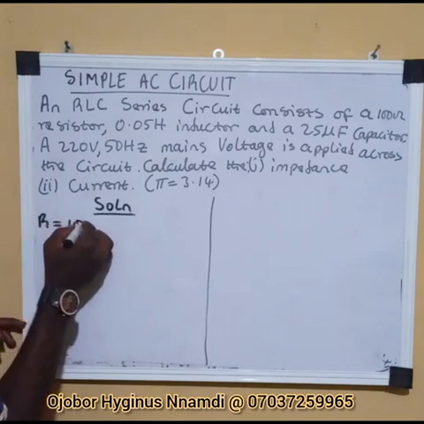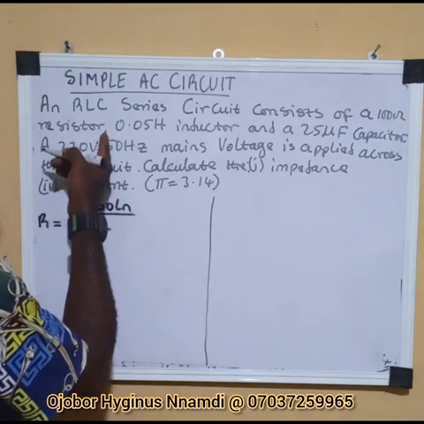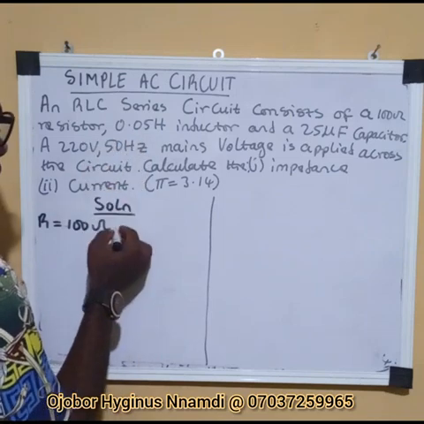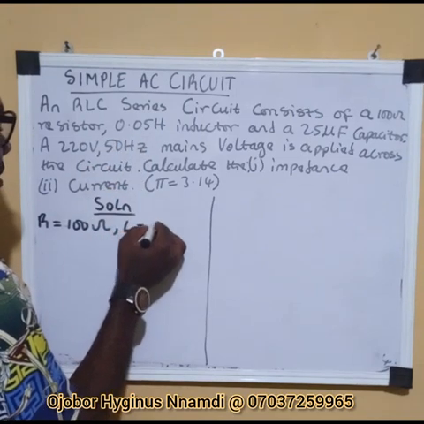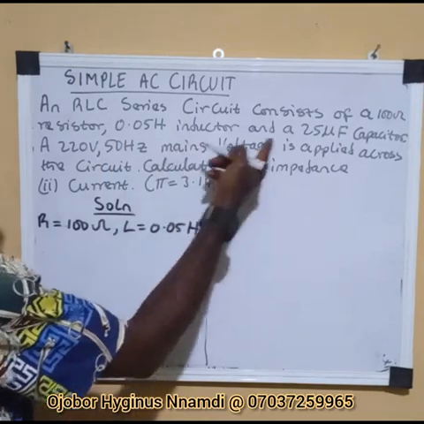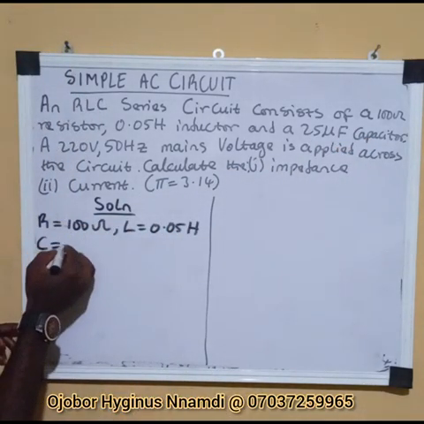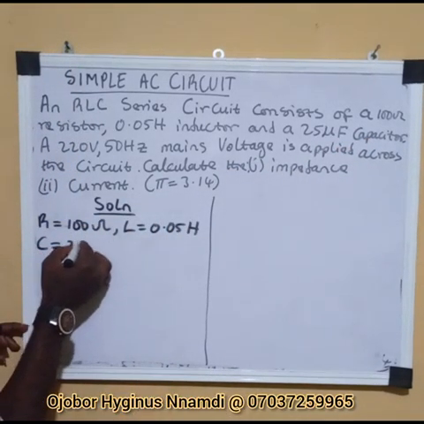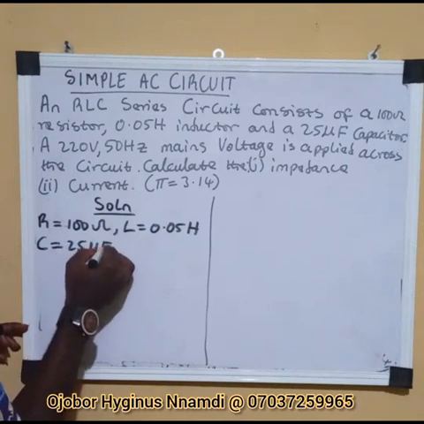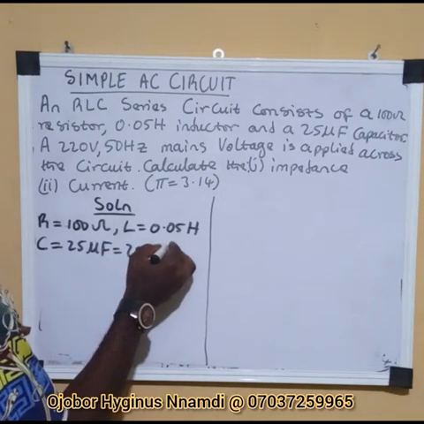R is 100 ohms. My board is small, so I'm going to manage it. L, which is an inductor, is represented with L, a 0.05 Henry inductor, and a 25 microfarad capacitor. Capacitance is represented with C, that is 25 microfarad, and micro is 10 raised to the power minus 6.